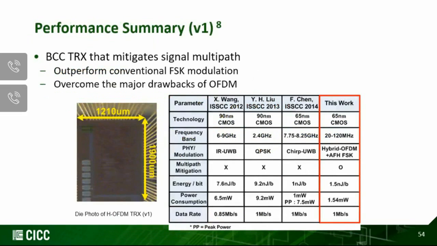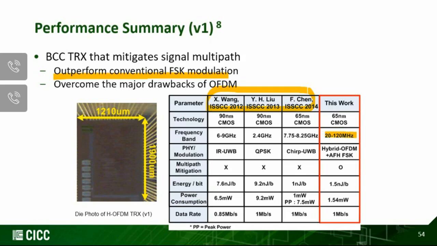If you look at some other transceivers, by the way, these are mostly wireless-based approaches, you can see that the BCC transceiver mitigates the signal multipath, which outperforms the conventional FSK modulation, and also overcomes the major drawbacks of OFDM. So frequency bandwidth is much lower using the human body coupling.